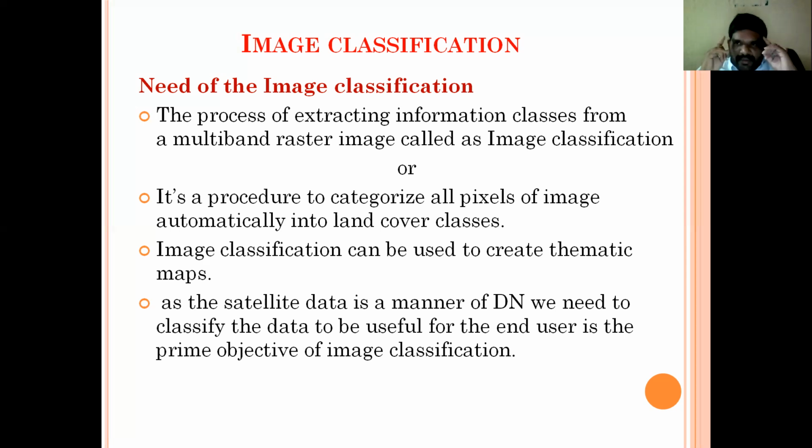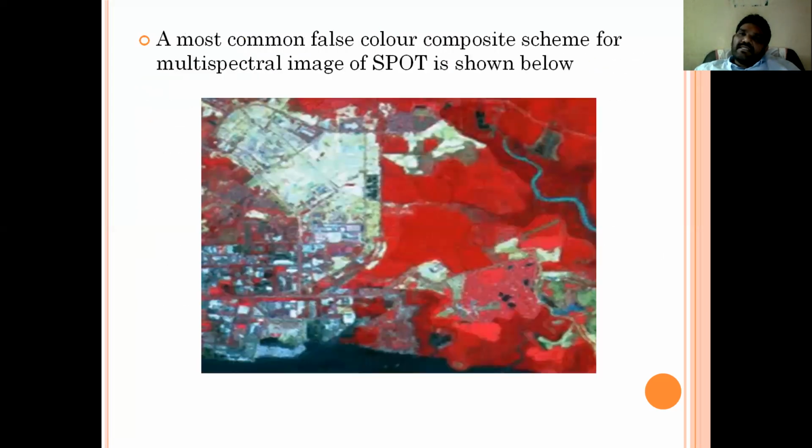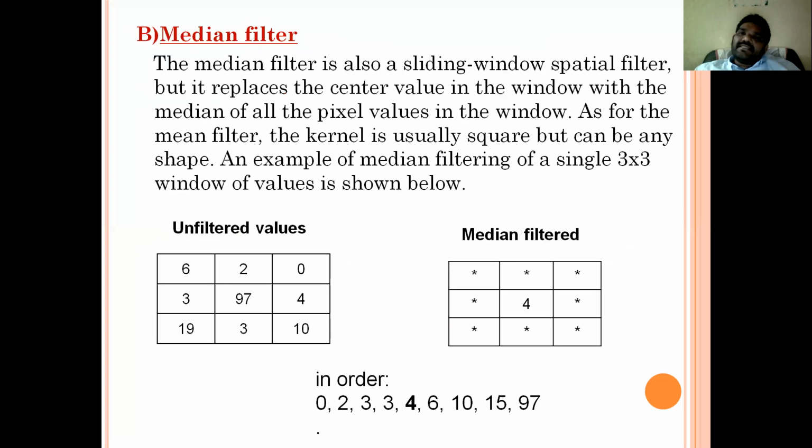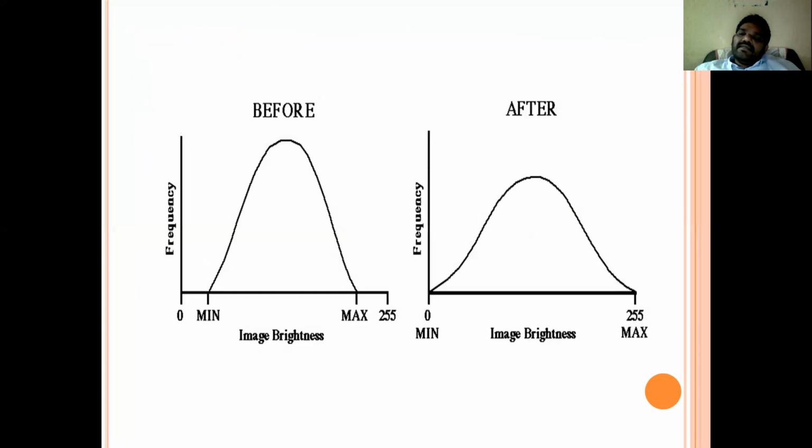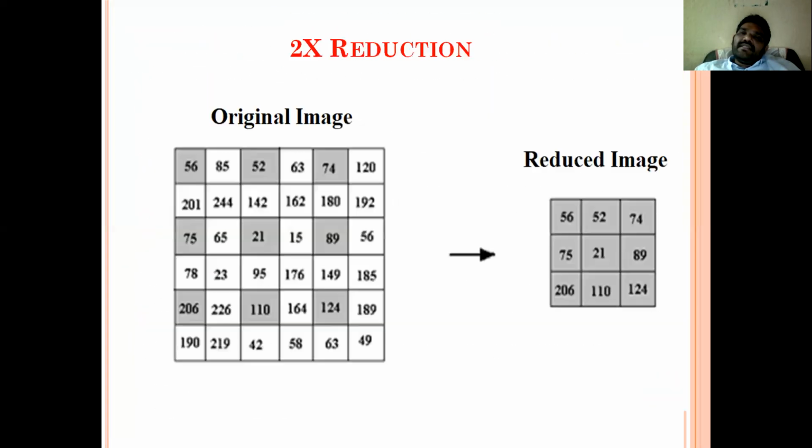Now you got connected, hopefully. See here, it's a procedure to categorize all pixels of an image automatically, based on the algorithm, into land cover classes. So far, what have you seen? Simply the digital images. This is the digital image, right?